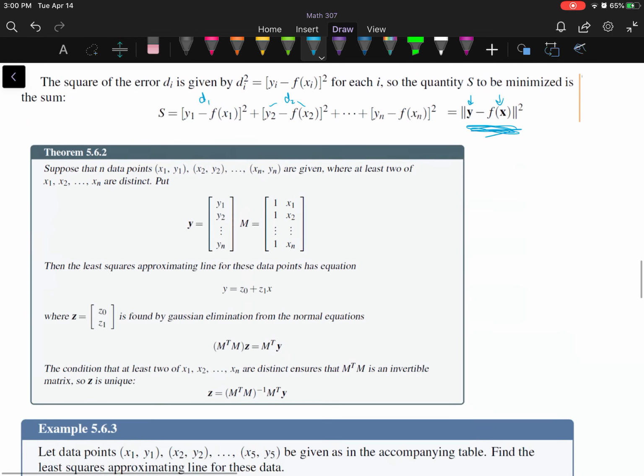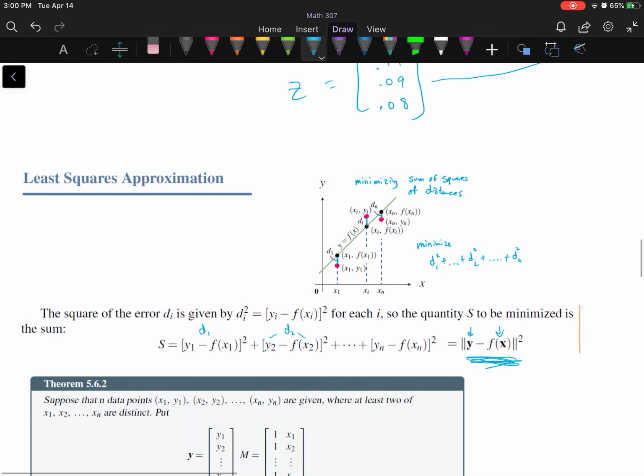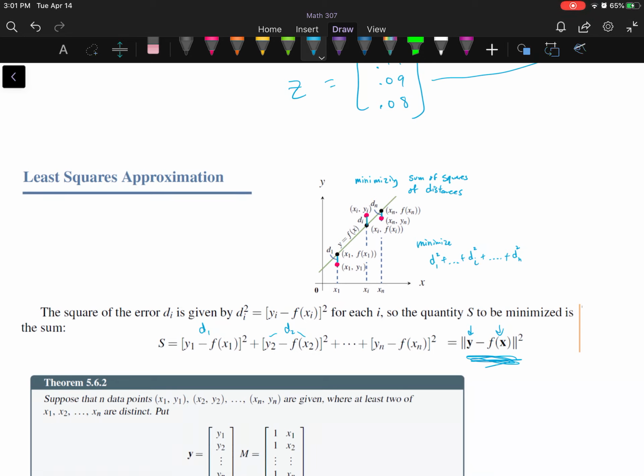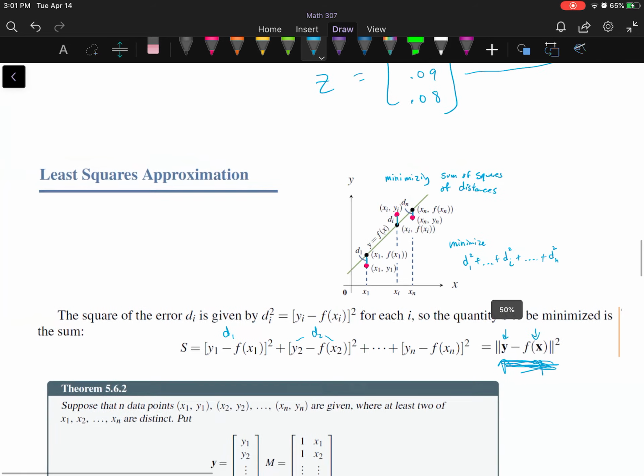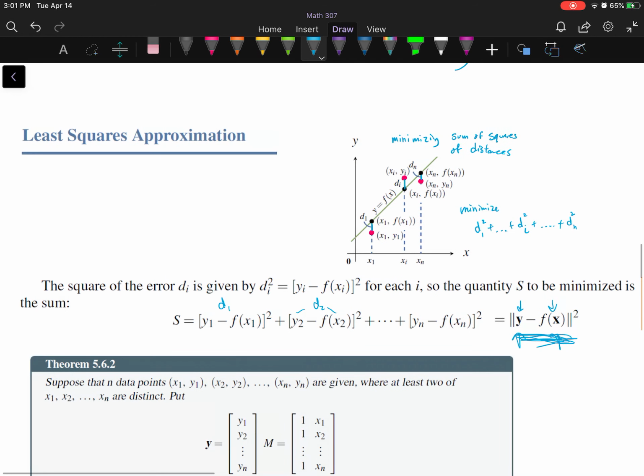Here, we're minimizing the distance from a vector outside the column space, y, to a vector in the column space, f of x. And so, we're doing the same thing. This least squares approximation is literally what we've been doing so far. We're going to continue to make matrices like this.